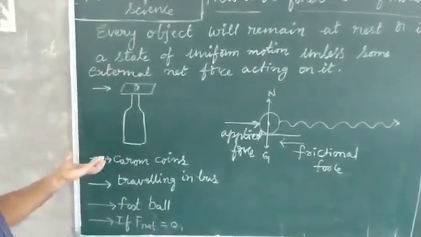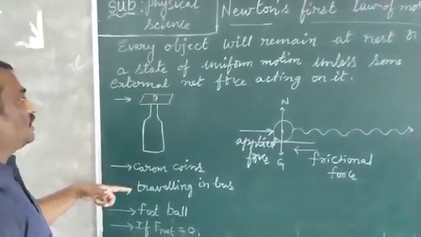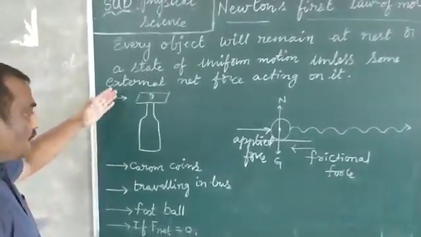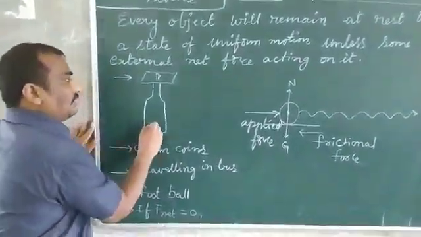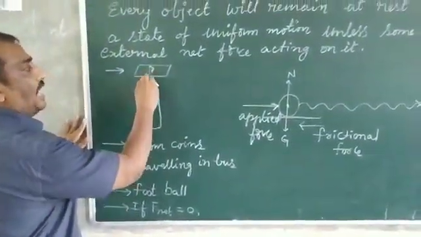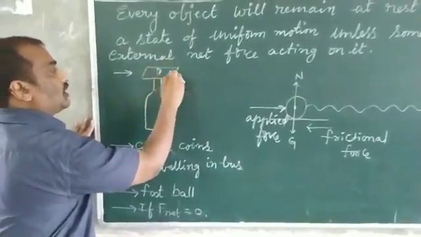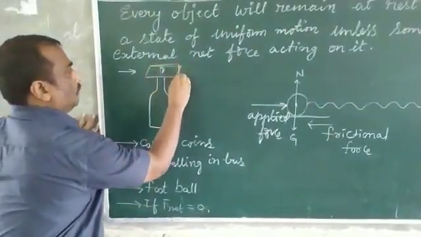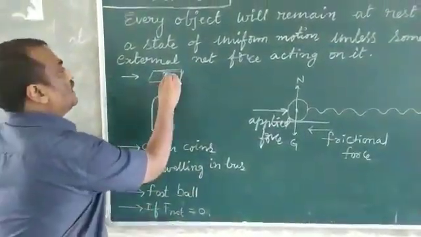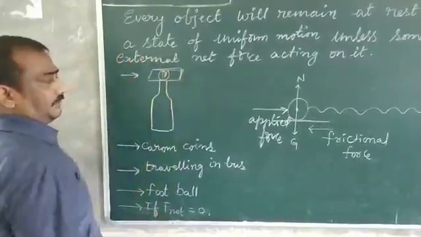Before discussing that definition, we will discuss some examples. Here is a bottle, and this bottle is covered with a plastic piece of cardboard, and on that a cap is there.